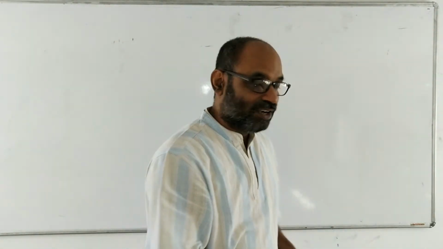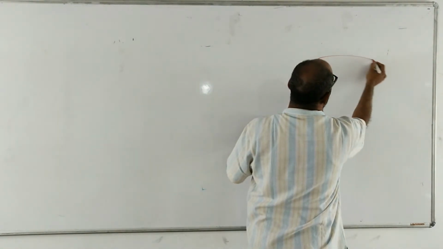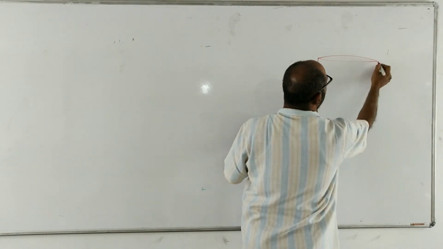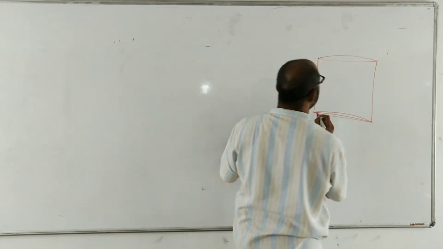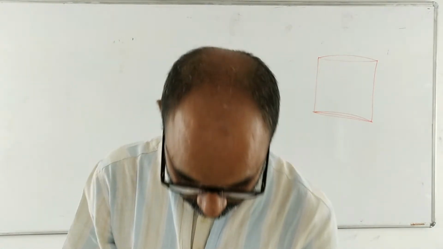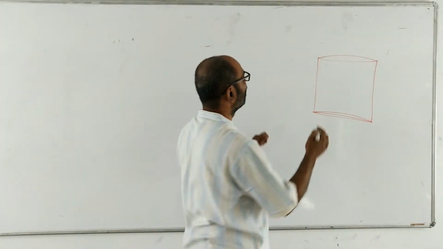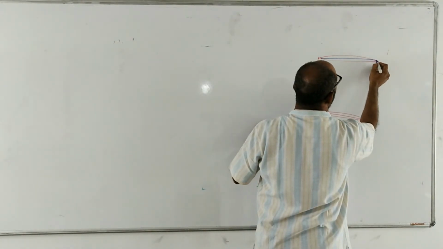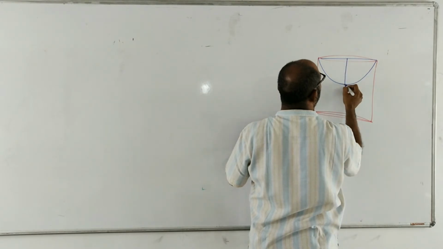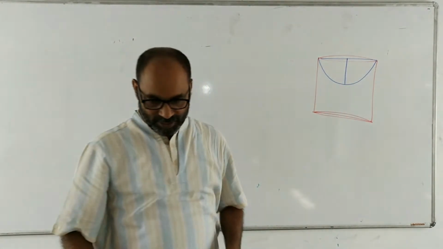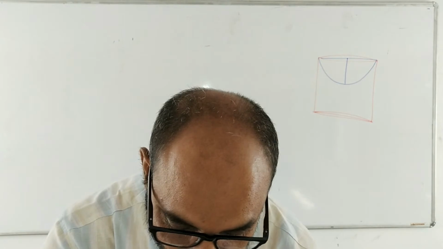Alright, before reading, I'll draw the figure first, so that while I read, I can show you the figure, correct? Alright. This is the figure for the next word problem.